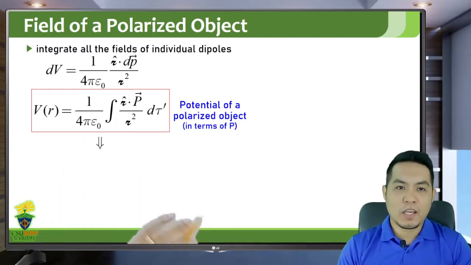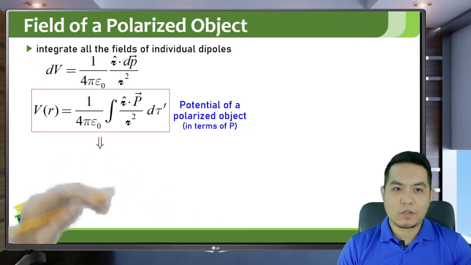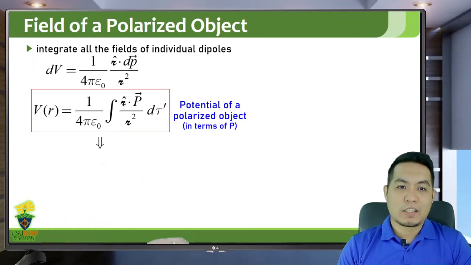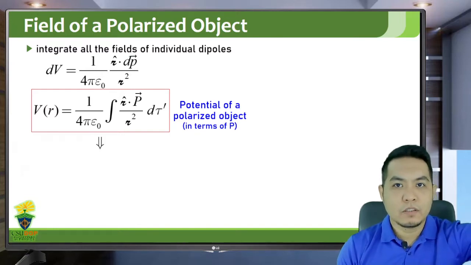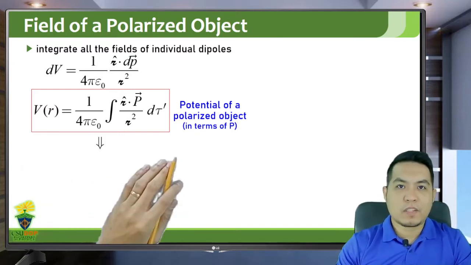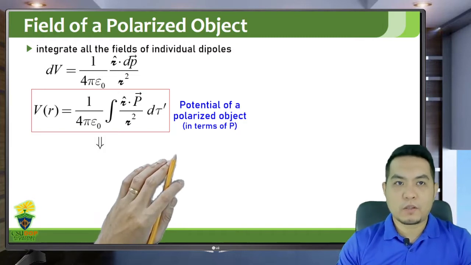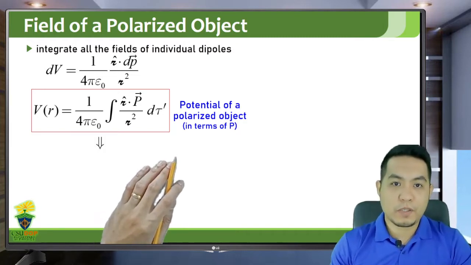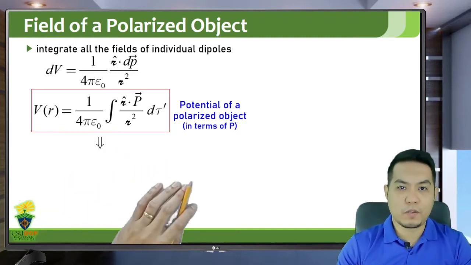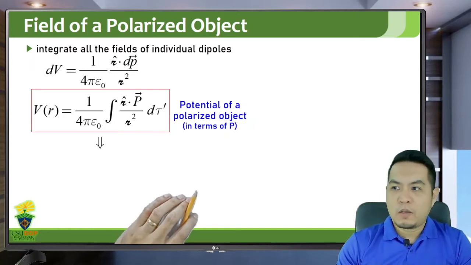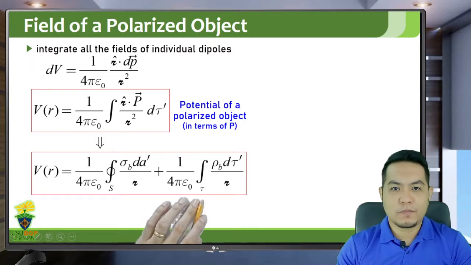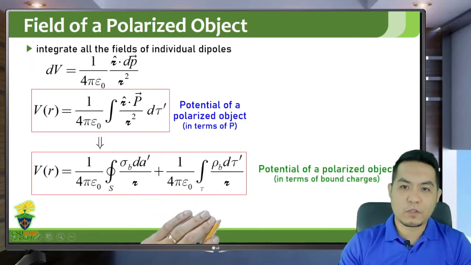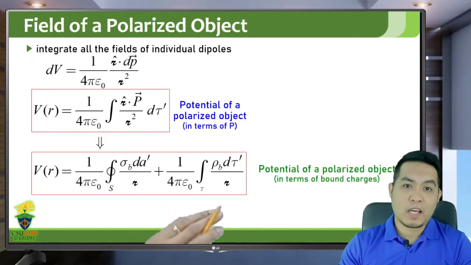We can also translate this equation using some vector properties such as the divergence theorem, and we can transform this integral into this. So this is now also the field of a polarized object, but now in terms of what we call bound charges.